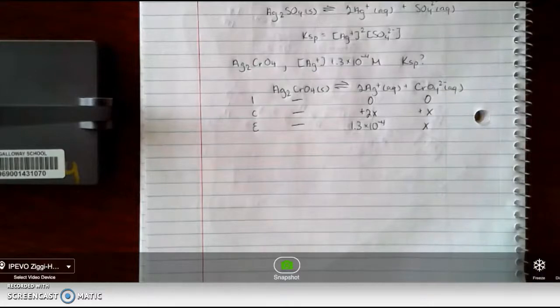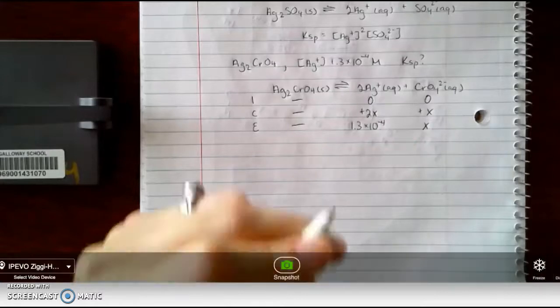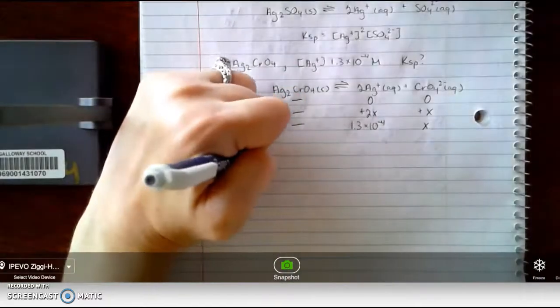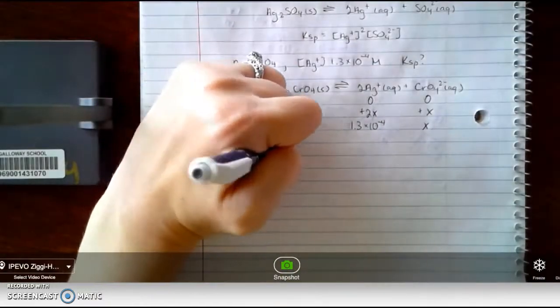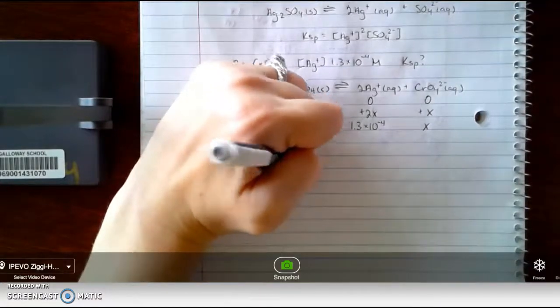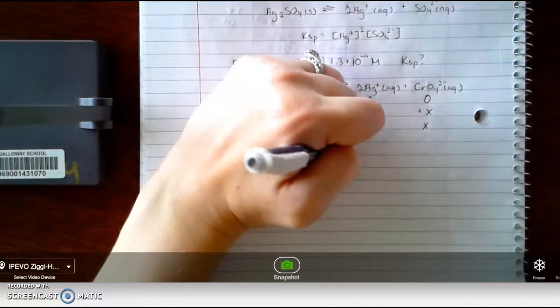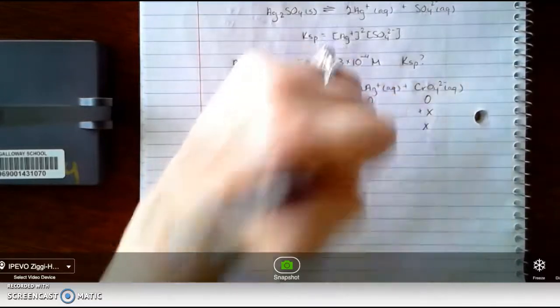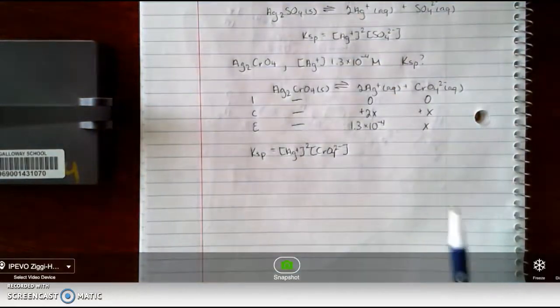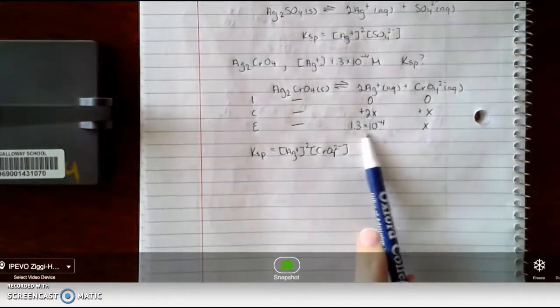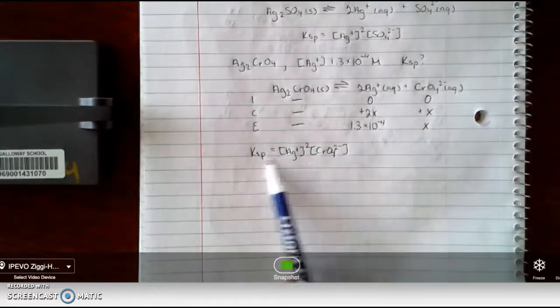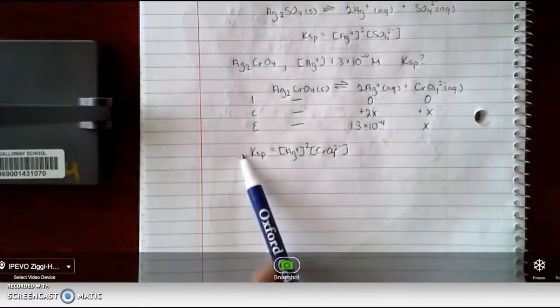All right, so what we want to do is plug in everything that we need for our equilibrium expression. So let's write that. We've got KSP equals silver ion concentration squared times chromate ion concentration. We know silver's concentration, but we need to figure out chromate's so that we can plug in and solve for KSP.